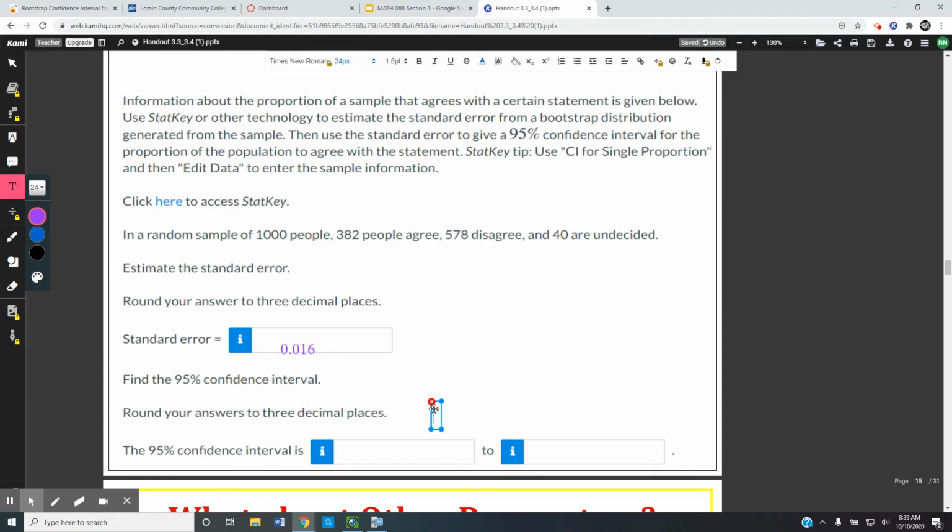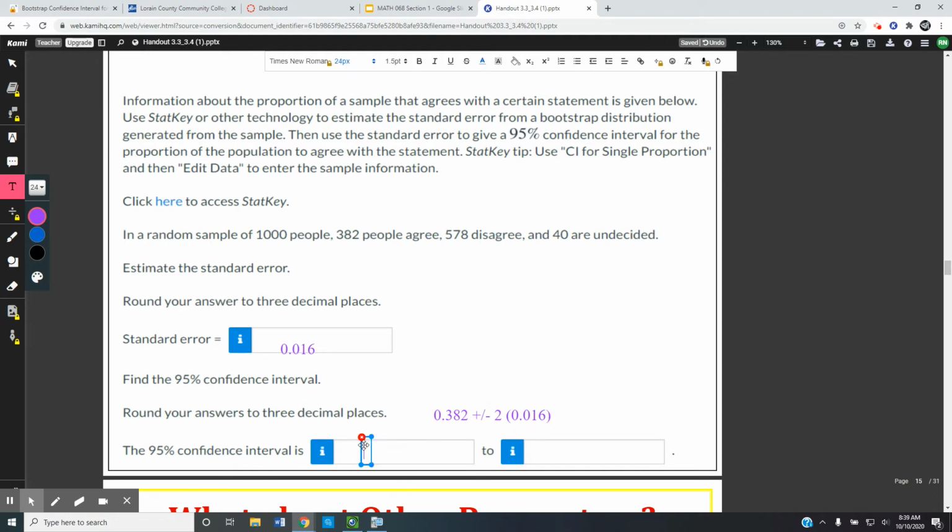Find the 95% confidence interval. Okay, so how are we going to actually find that confidence interval? Well, we're going to take the statistic 0.382, and then we're going to add and subtract 2 times the standard error. And the standard error is 0.016. That's how we're going to make our calculation for the confidence interval.